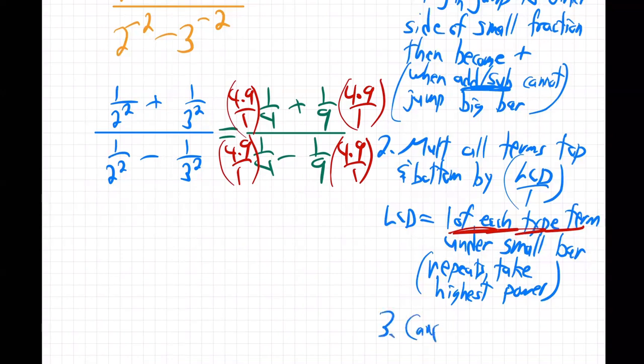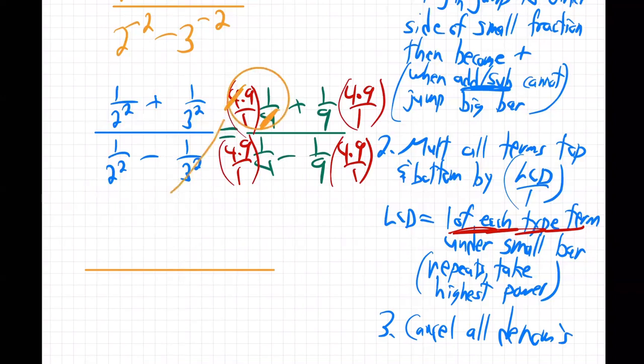You cancel all denoms. So I'm going to go, okay, 4 cancels 4. Let me bring that down here and see what we have left. So this only leaves 9 plus.